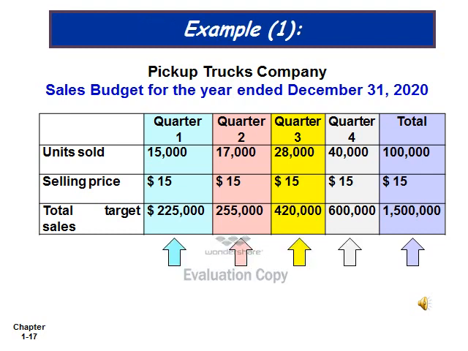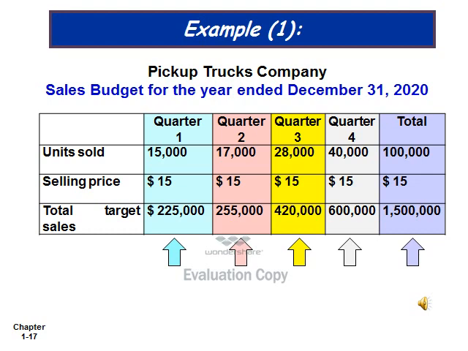Again, to solve this example, write the company name and the kind of budget, sales budget for the year ended December 31st, 2020. After that, draw a table consisting of 6 columns. The first column is about data, then quarter 1, quarter 2, quarter 3, quarter 4, and the last one total. Units sold in the first quarter is 15,000 times selling price per unit 15. The result, target sales, is $225,000.